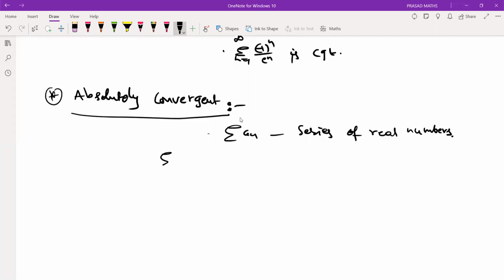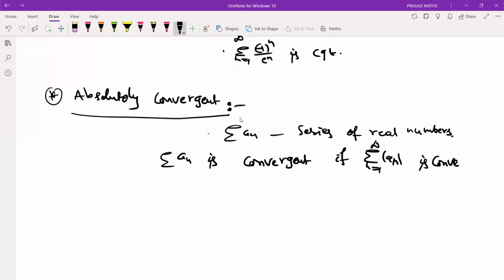So we say that it is absolutely convergent if and only if the sum of the modulus is convergent. The series of moduli is convergent.